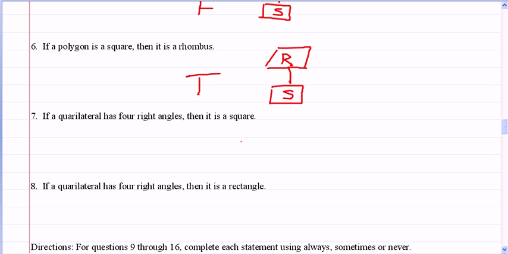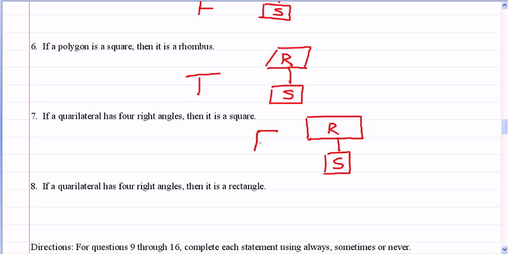So in our picture we had a rectangle on top and a square underneath. Both of these figures are the only two figures with 4 right angles. So if it has 4 right angles, then it is a square. So a square is a rectangle because it has all of its properties, but a rectangle is not a square.